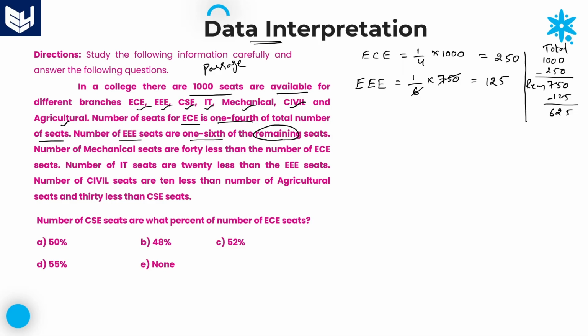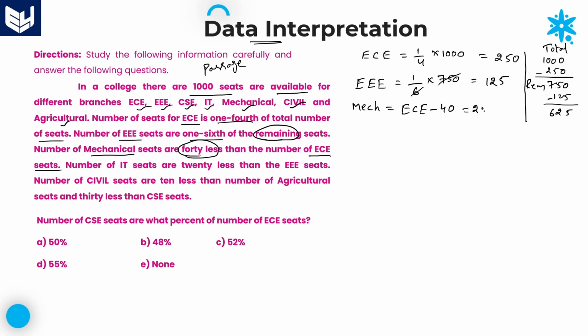Now look at the next one. Number of mechanical seats. Here we are talking about mechanical. The number of mechanical seats is 40 less than the number of ECE seats.